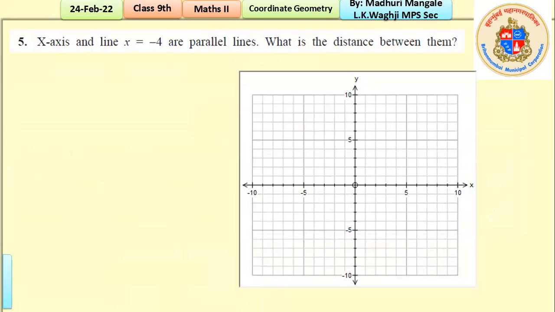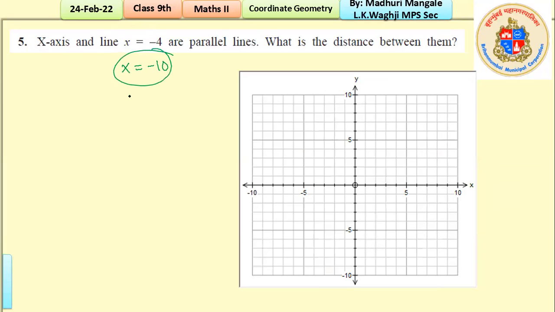Then we saw some very important questions which can be expected in the exam. So this is one of the questions. Maybe if I change some details, let's say we did this question yesterday with x equals negative 4. Let's say this time it is y equals negative 10.